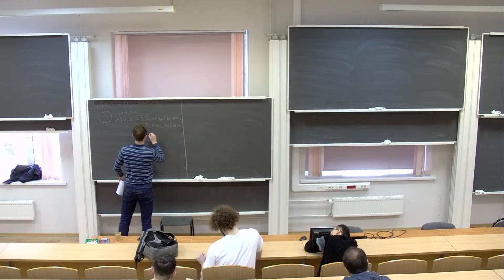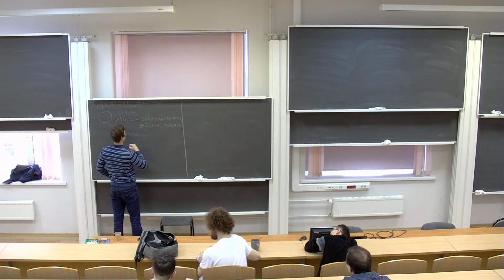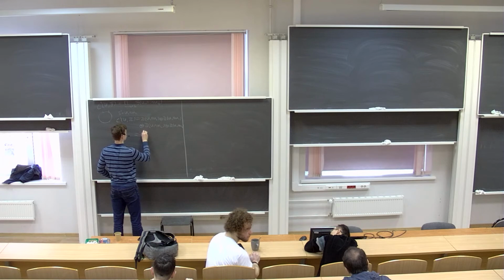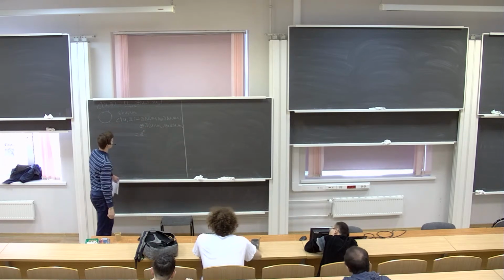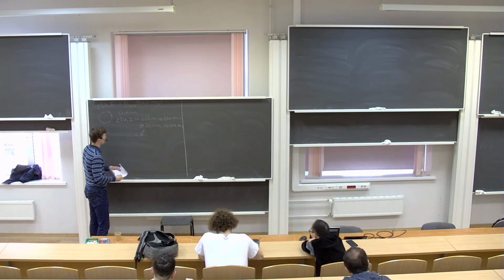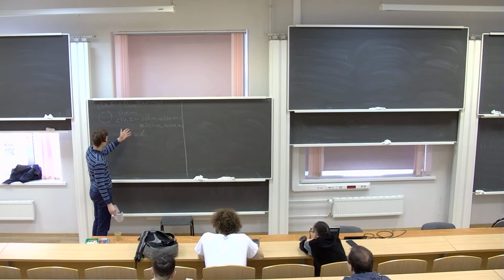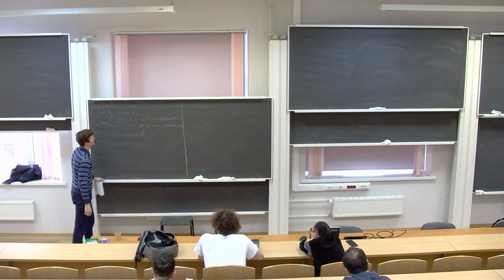So this is equal to, as you see, Z to the power 6. Several people wrote that this is Z to the power 2 or Z to the power 4. But okay, this is our definition.